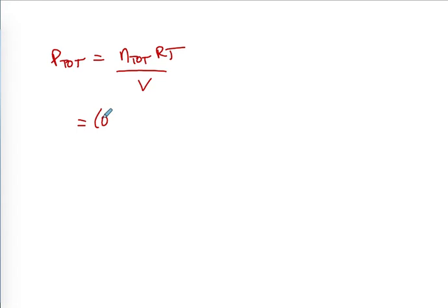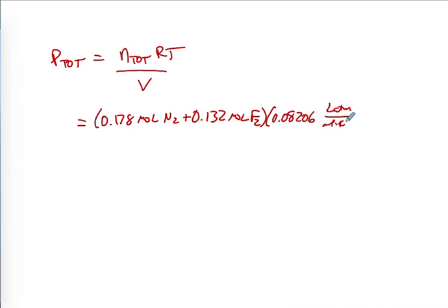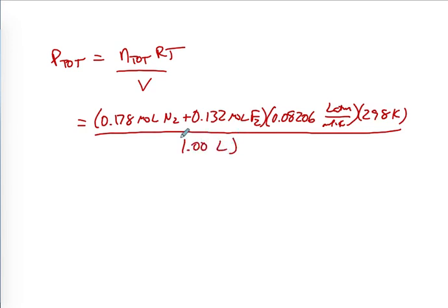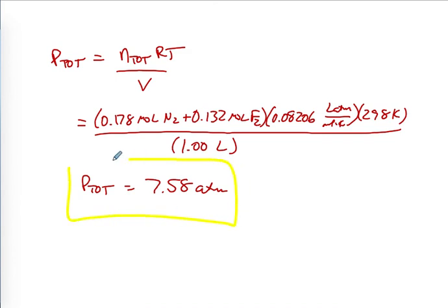So in place of total moles, I will put in 0.178 moles of nitrogen plus 0.132 moles of fluorine times R times the temperature, all divided by the volume of the container. Remember, temperature and volume remaining constant. And I get, what do you know, 7.58 atmospheres, which is exactly the same result. Do it either way, whichever one is less work for you.